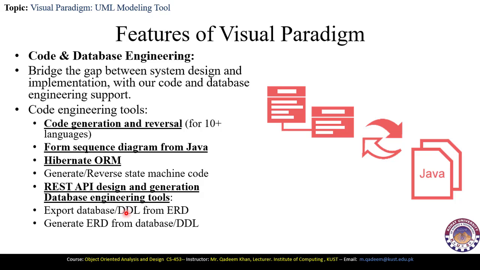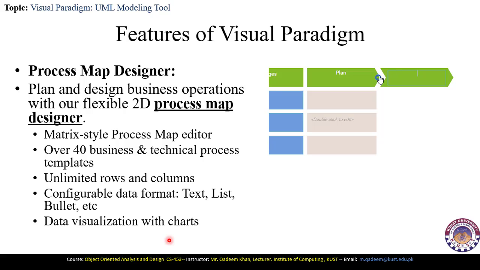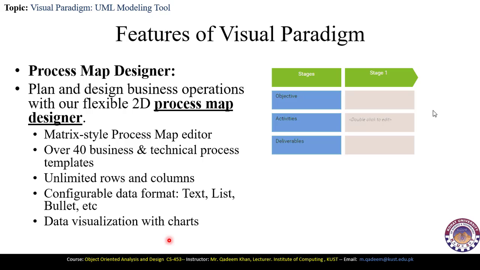For example, DDL commands can be used to add, remove or modify tables within the databases. Entity relationship diagrams are basically the design diagrams of databases. So we can create ERD from the databases as well as from data definition language, and vice versa is also performed here.